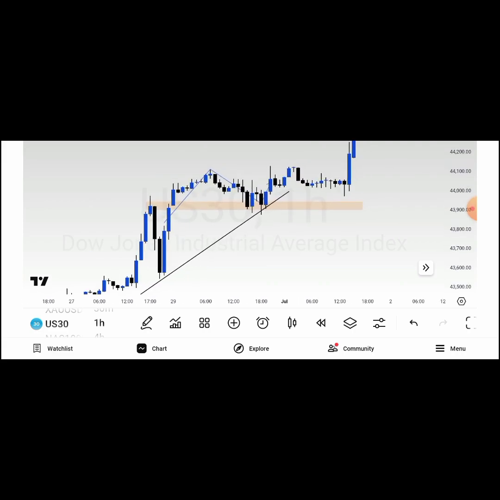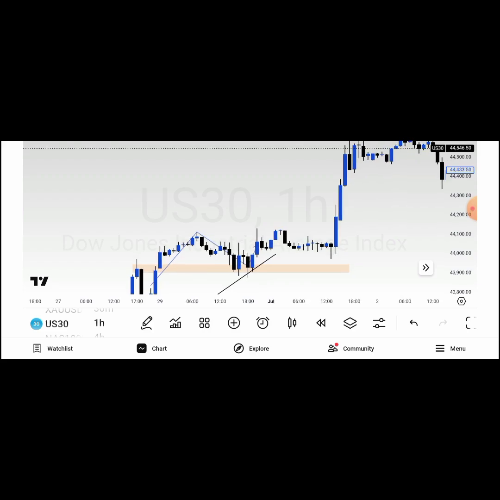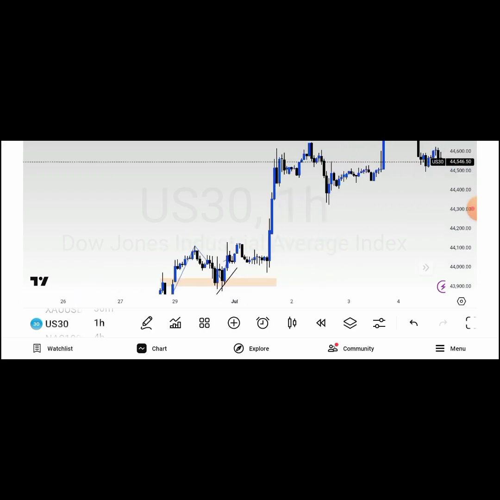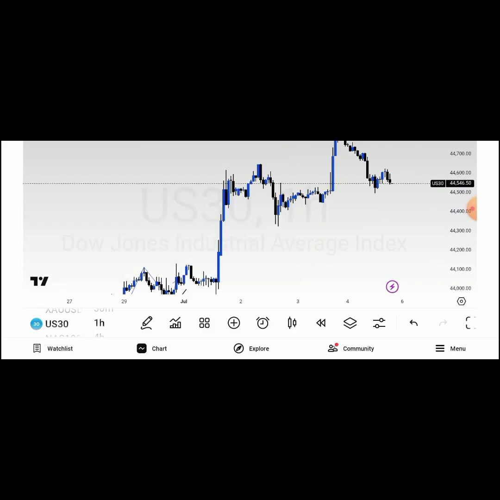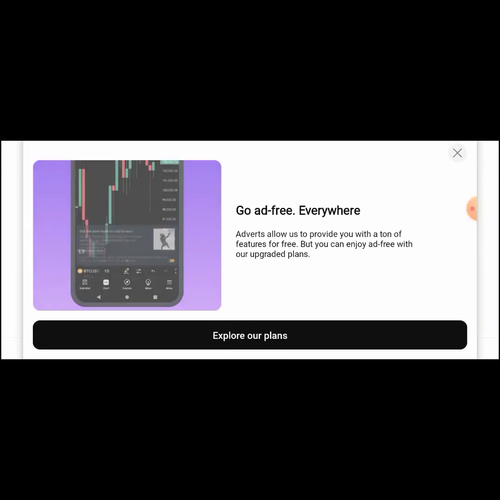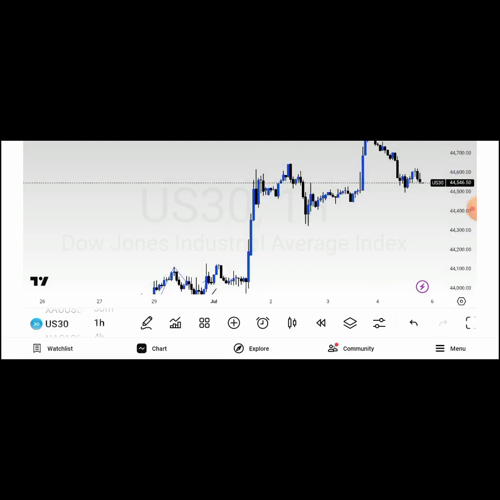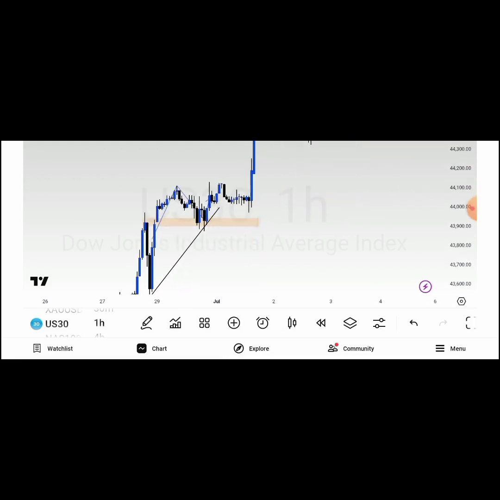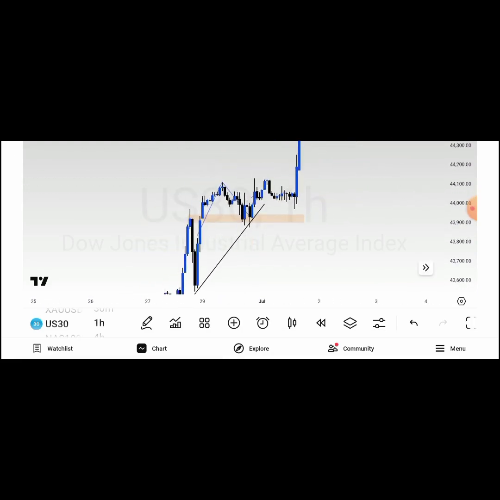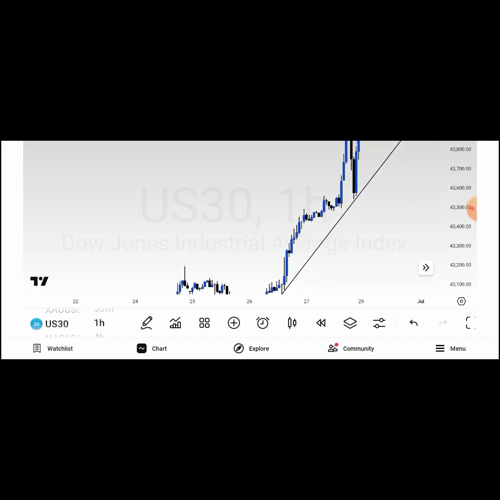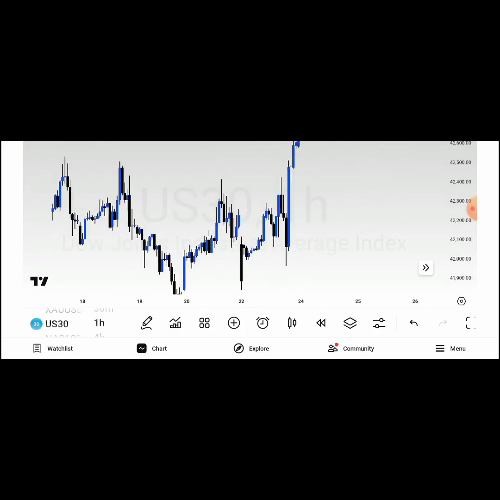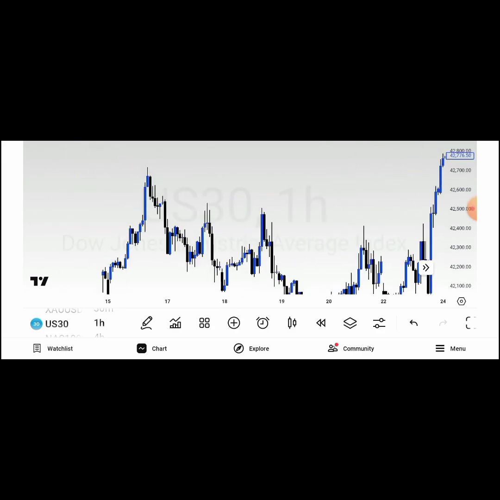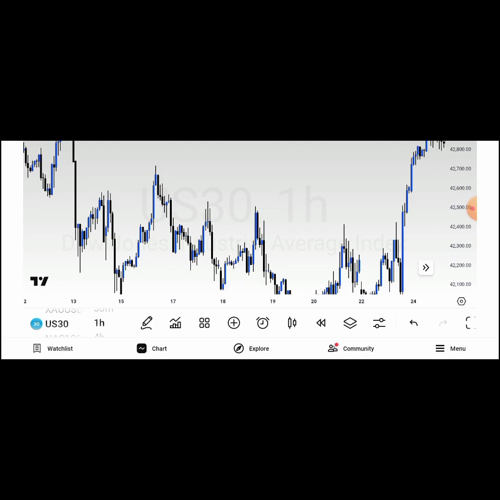That was why I took this trade and it ended up in profits. Do you see that? So that was how I was able to take that trade and it ended up a win trade. All right, so you can check through different points and then you try to make analysis, and that's how you're able to make wins.